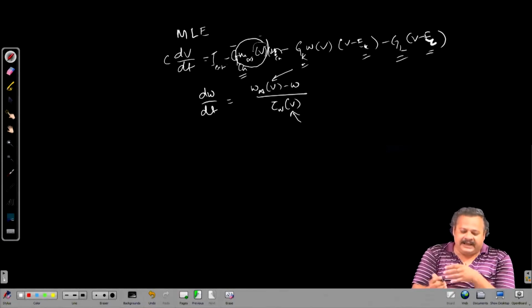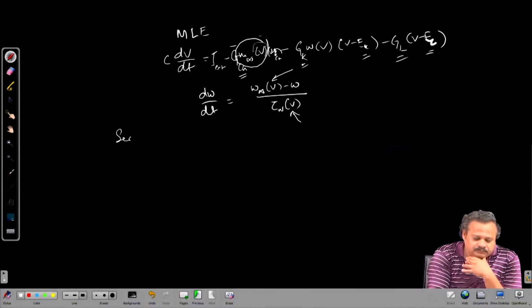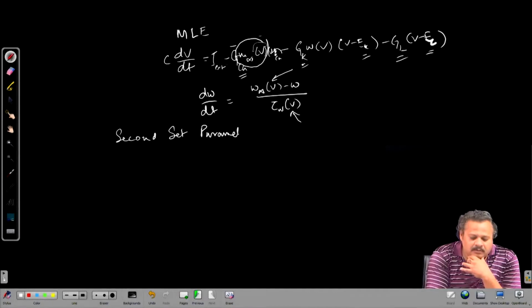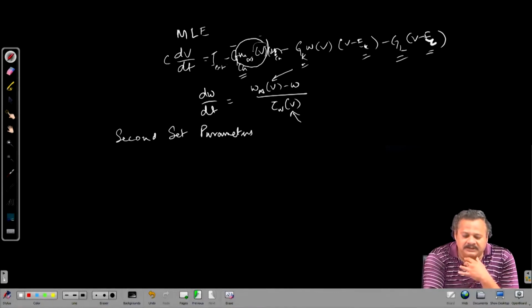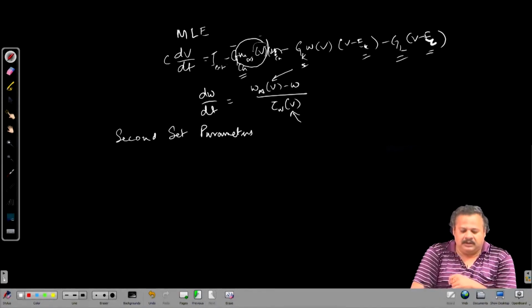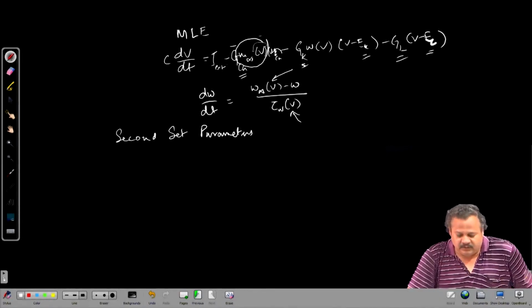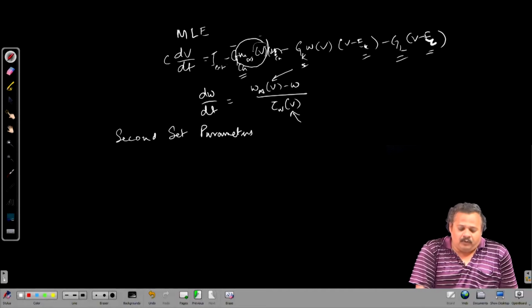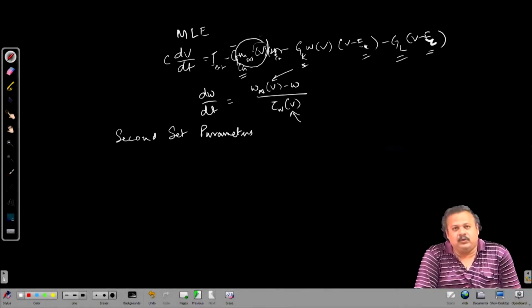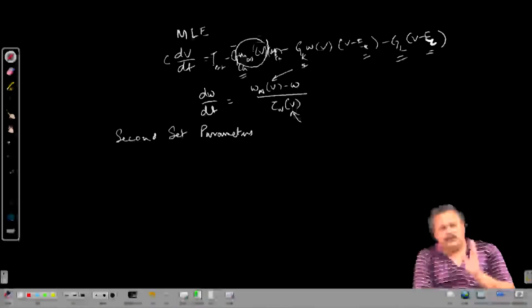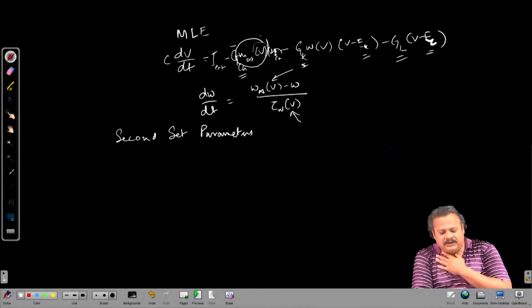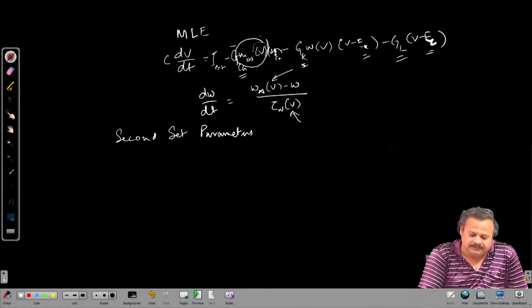So there is a second set of parameters for the Morris-Lecar equations, with g_K, g_L, E_L, E_K, the capacitance and so on, for which we get a stable equilibrium point around minus 42 millivolts.